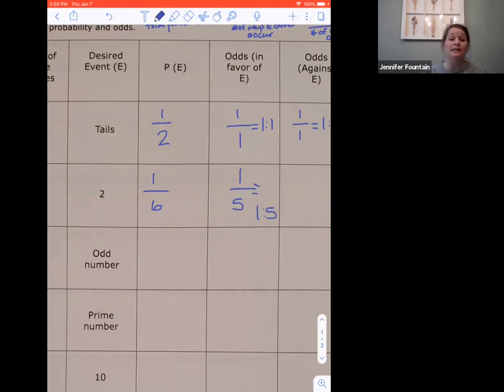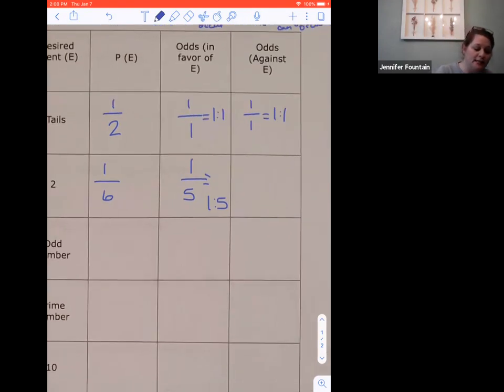So now my odds against are just flip-flopped from my odds in favor. If my odds in favor are 1 to 5, then my odds against are 5 to 1. My odds in favor and my odds against are always just going to be flip-flopped.